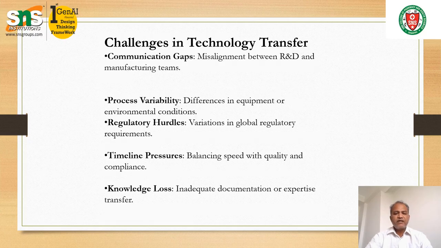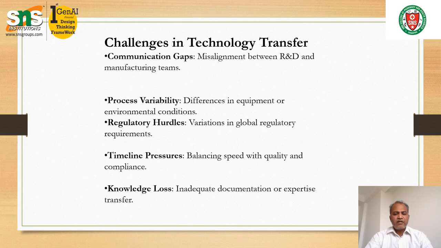Next, challenges in technology transfer. So each and every field there is a challenge according to the nature of the unit. Here, the main challenges in technology transfer is that the communication gaps, misalignment between the R&D and manufacturing teams.